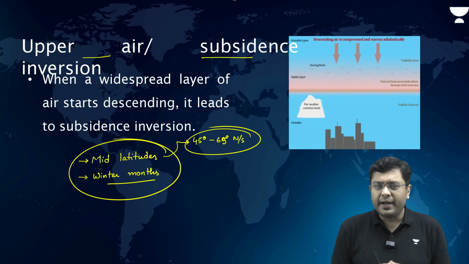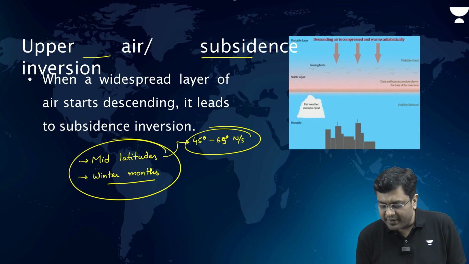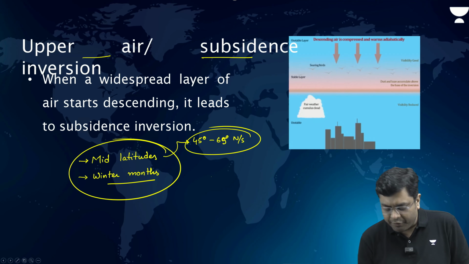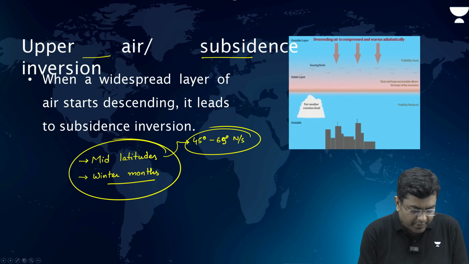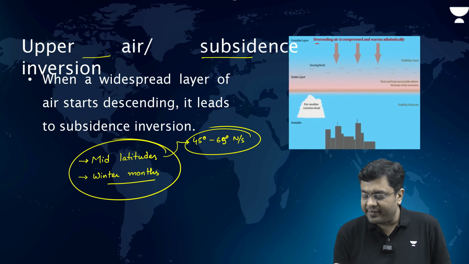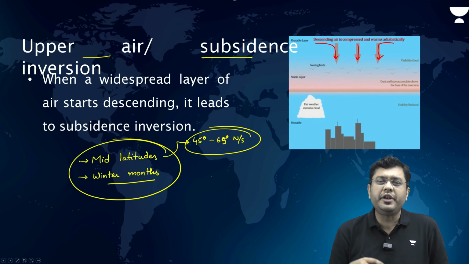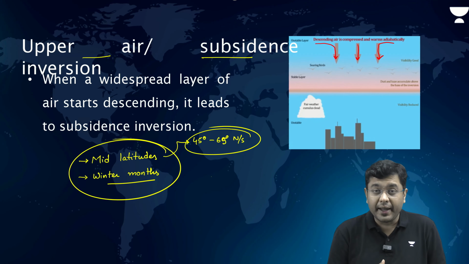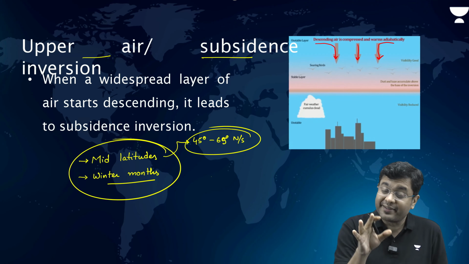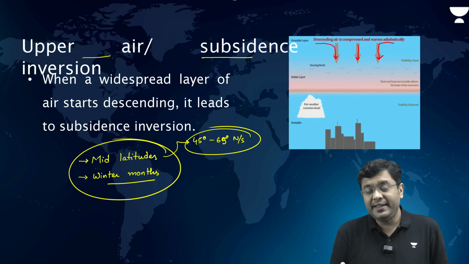Now, due to certain conditions, let's suppose the air from higher elevation, due to upper air circulation, you have a sinking of air. The air tends to sink. As the air tends to sink, it is pushing itself into the region where the density is very high. Air density is maximum near the ground surface, we have already seen.